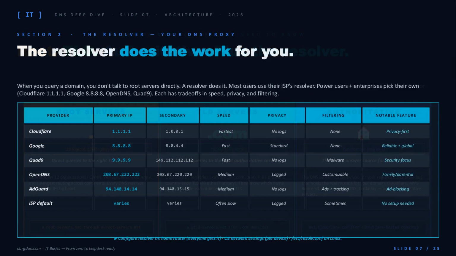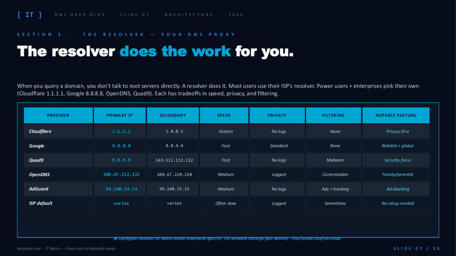Let's zoom in on that resolver, because it's the one piece you actually get to choose. By default, you're using your ISP's, often slow, usually logged, sometimes filtered without you knowing. But swap in Cloudflare's 1.1.1.1 and you get the fastest lookups with a no-logs privacy stance.